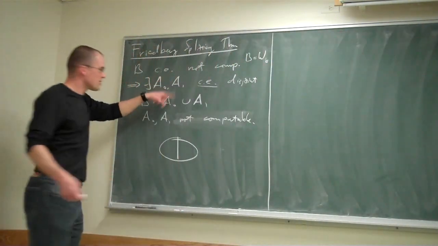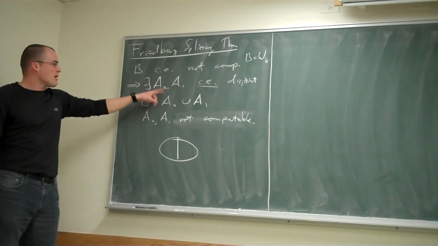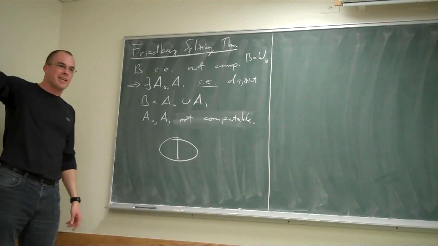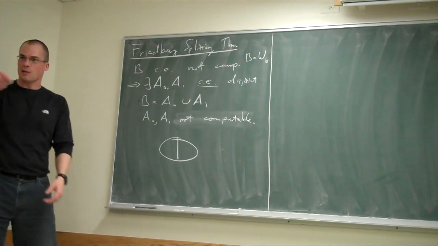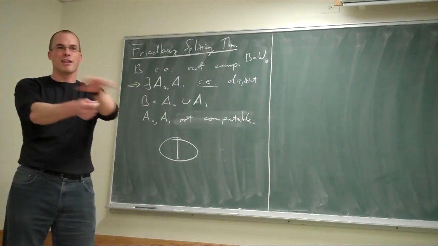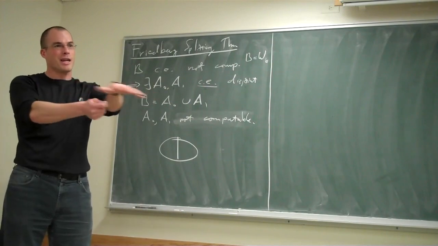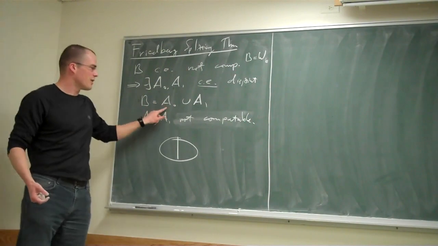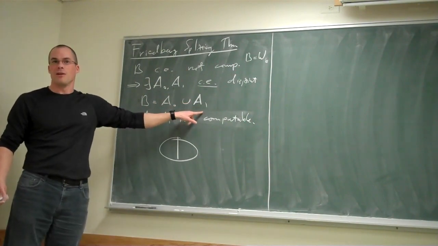And so now we combine these two strategies. Every now and then in the strategy, we will say, give me the next element of B. And then I look at this next element, I check some things about it computably, and depending on the answers to these computable checks, I put this element of B into A0 or into A1.